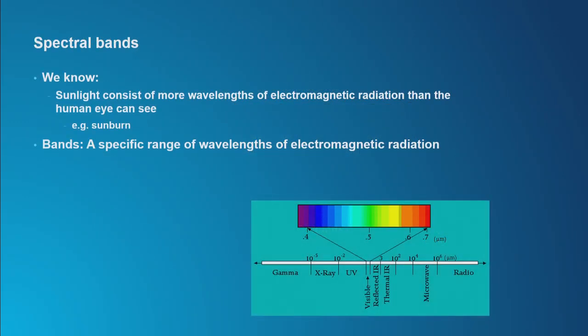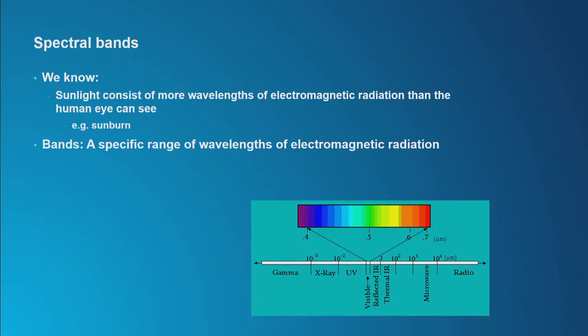In terms of spectral bands, you might have heard this term many times before, but do we really understand what it means? A spectral band. You see, it says here on the slide, well, it's basically a range of wavelengths of the electromagnetic spectrum. We all know the sun emits many more wavelengths of the electromagnetic spectrum than what we can see, right?